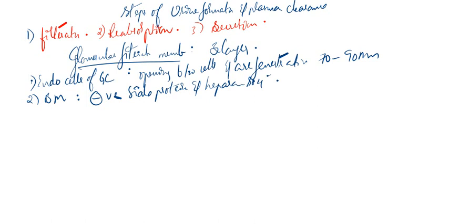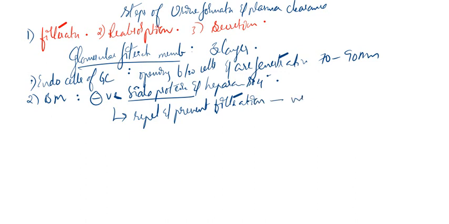Now what they do is, these sialoproteins and the basement membrane repel and prevent filtration of negatively charged plasma proteins.